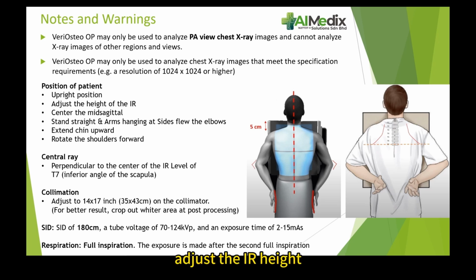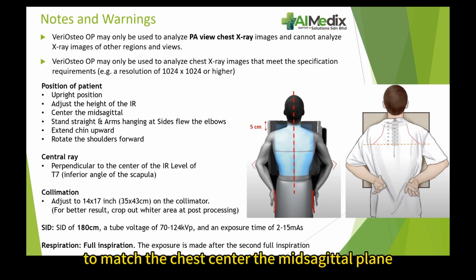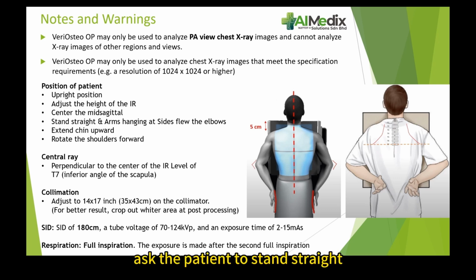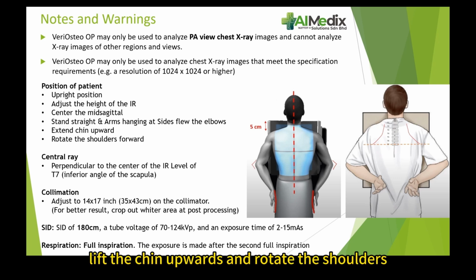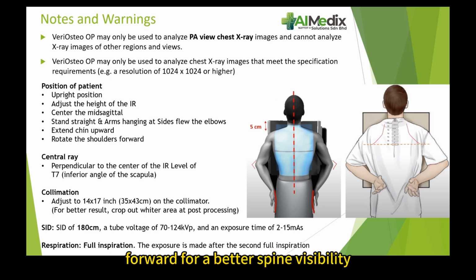Adjust the IR height to match the chest. Center the mid-sagittal plane. Ask the patient to stand straight, arms at their side, and bend the elbows slightly. Lift the chin upwards and rotate the shoulders forward for better spine visibility.